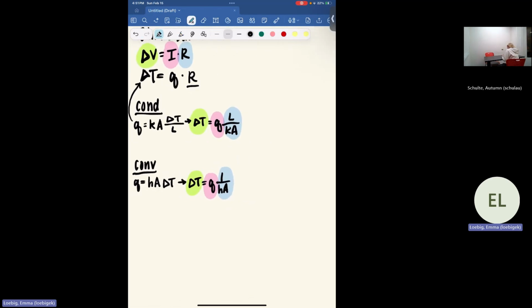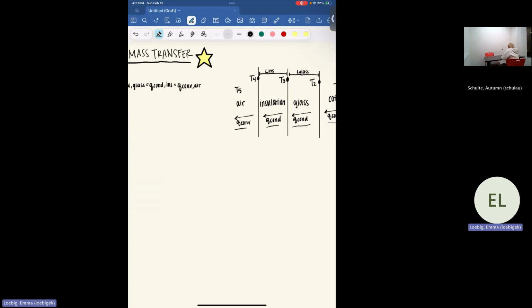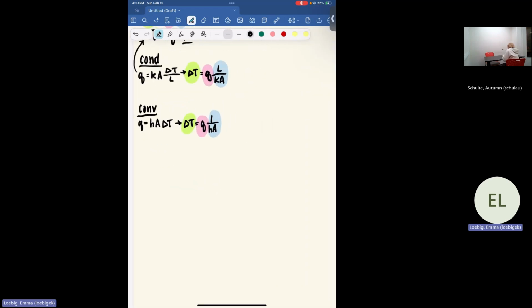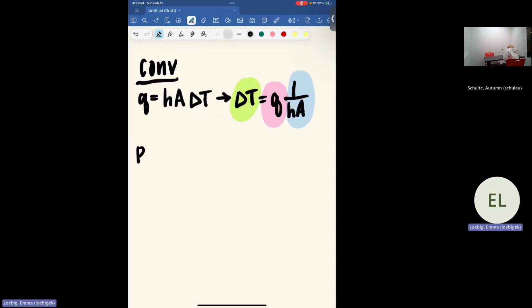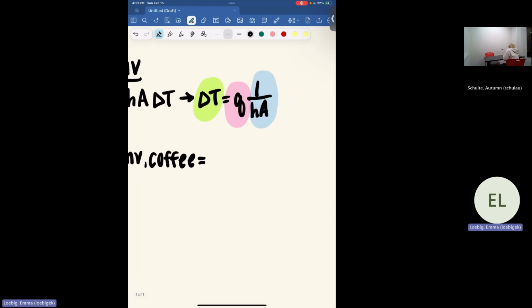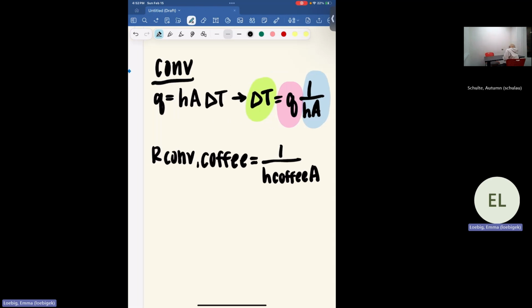So let's write out our resistance terms for each of these. First we had convection through the coffee. That is a convection term, so it's going to be 1 over the heat transfer coefficient for coffee multiplied by the area.